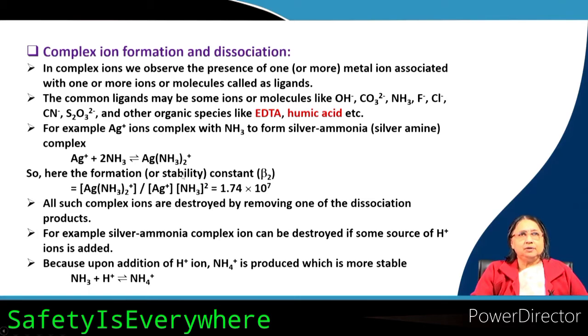Now, how will we express the formation here? In case of an acid we say dissociation constant. In case of ammonia, a weak base, also dissociation constant. In case of water, we write the ion product of water, Kw. In case of a complex, we write the formation constant or stability constant, usually expressed using the beta term.